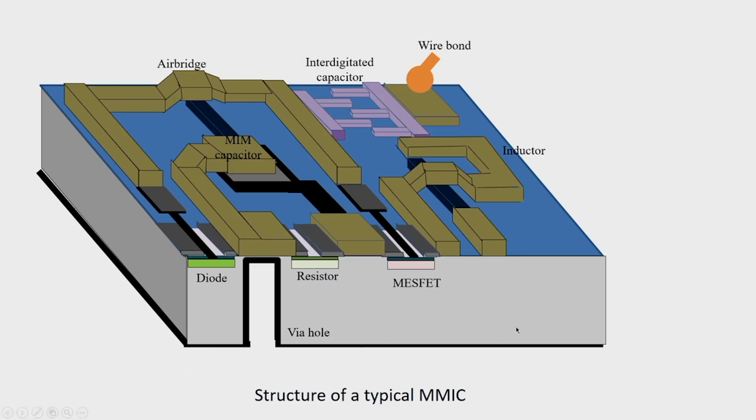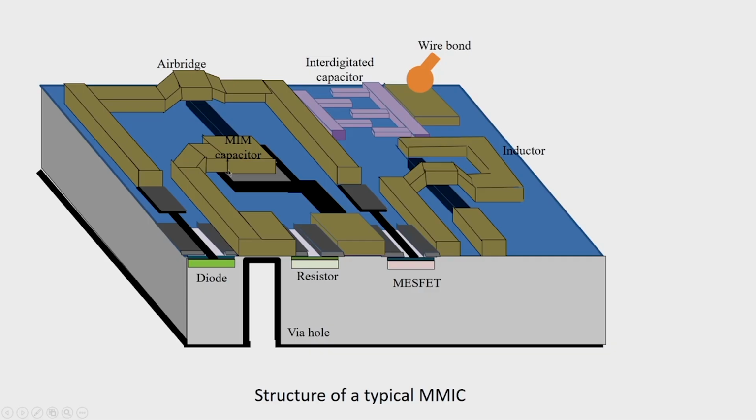So, we have substrate, we have resistor, inductor, interdigital capacitor, we have air bridge. We mentioned that the air bridge is provided when we need to have a metallization layer pass underneath it.